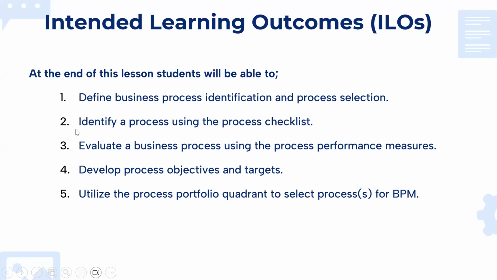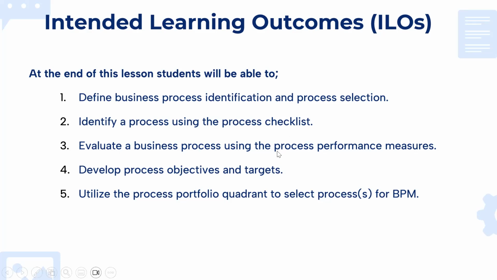The next one is that when identifying a process, there is a process checklist that you can use. You should be able to identify a new process using the process checklist. And next, after identifying a process, you have to evaluate that business process, so you have to identify the baselines.